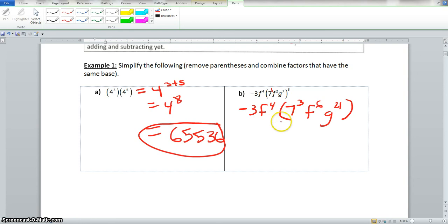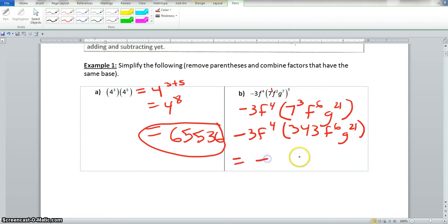Now, what we need to do next is take the 7 to the 3rd power, and 7 to the 3rd is 343. And we have f to the 6th, g to the 21st. So we have negative 3 times 343.